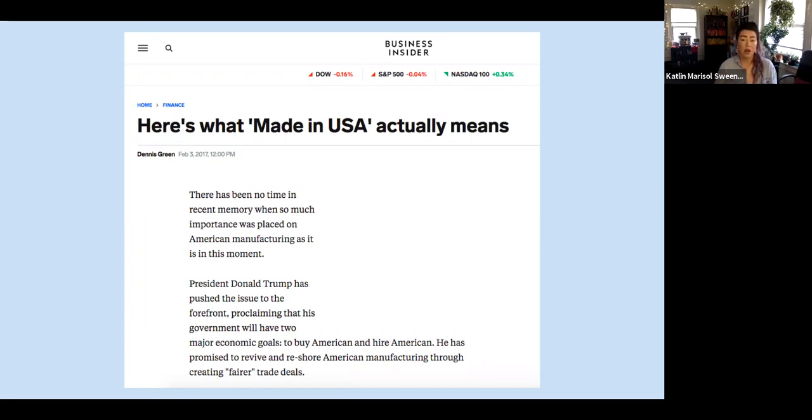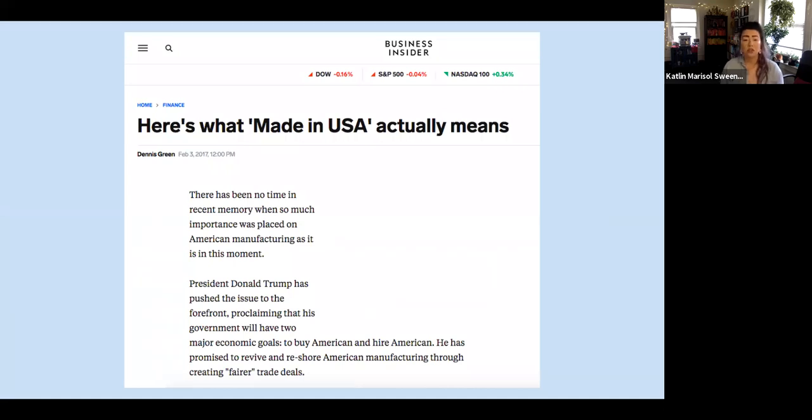So we have this author electing to draw attention for the reader specifically to a recent decision, at the time of this writing, that Trump had decided to pursue, right? That his goals were going to be to buy American and to hire American. And the reason I wanted to pause and look at these opening paragraphs is because we see that Dennis Green as an author is making a rhetorical move here.